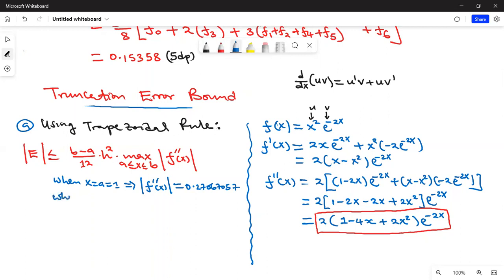What about when x is equal to b, which is equal to 3? What will be the second derivative, in absolute value, at x equal to 3?